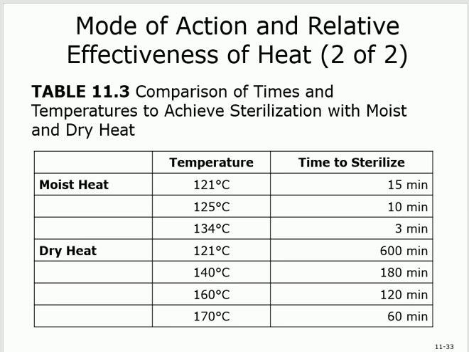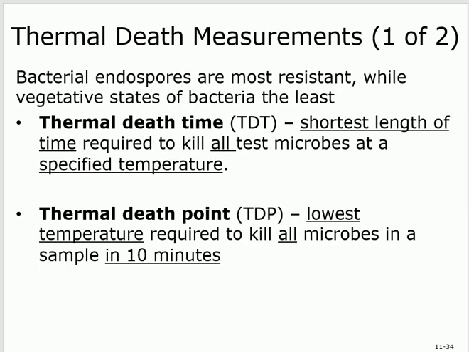But here is the moist heat. If you increase the temperature, you need less time. That's it. So 121, 125, 134, all of them would work. All of them were sterilized. It's just when you increase the temperature, you need less time. That's it. Okay? For both of them. Is that clear? In all cases, it has to be above the magic number.